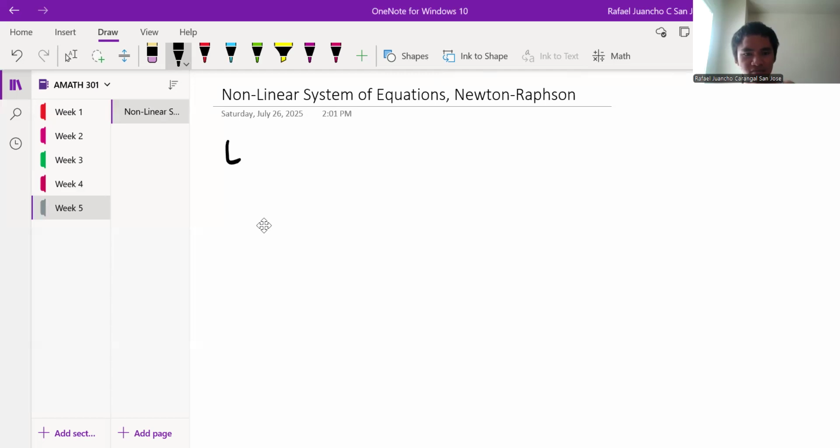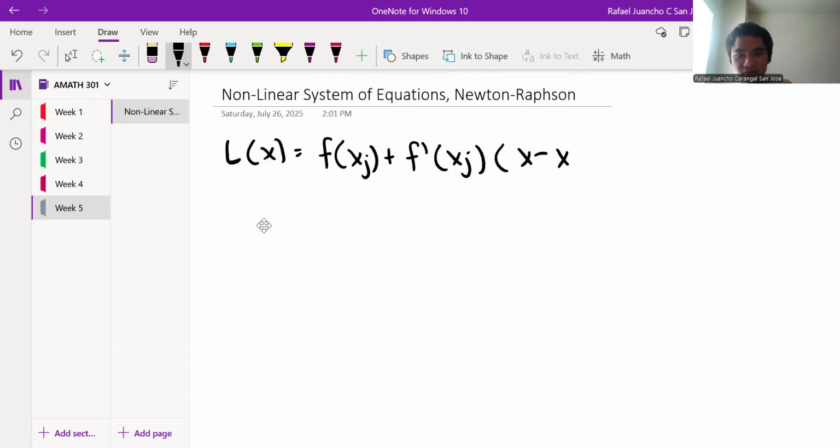So our linearization, or our line, is at the function at x sub j, so our current point, plus its derivative, and we multiply that by some x value minus that current x sub j. And then from there, we use its root as the new guess for the root of f, right?